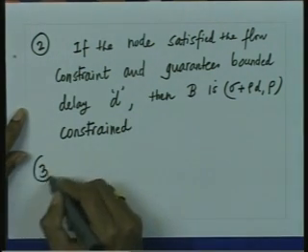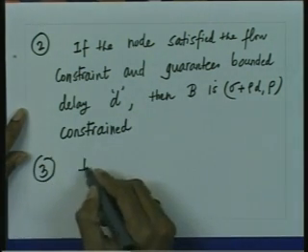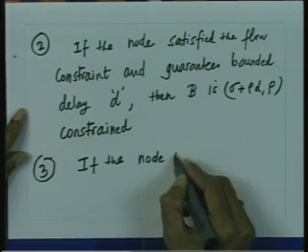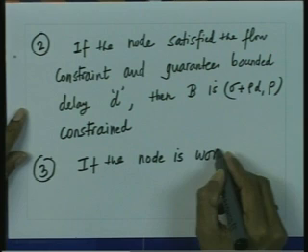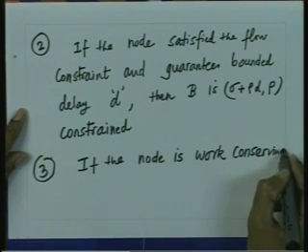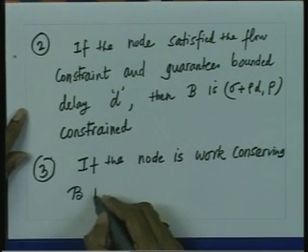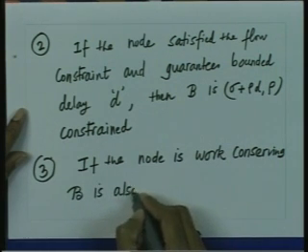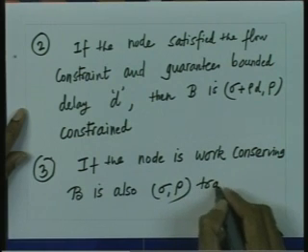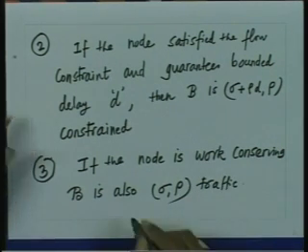And the third result we would like to treat is that if the network node is work conserving, then B is also rho sigma traffic.